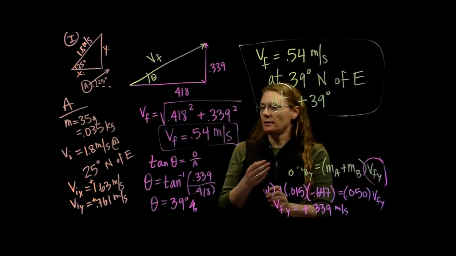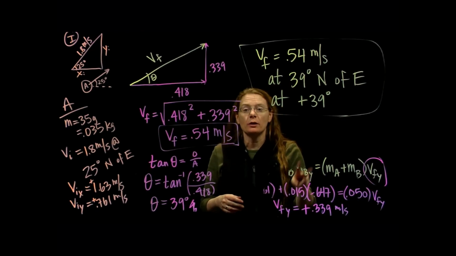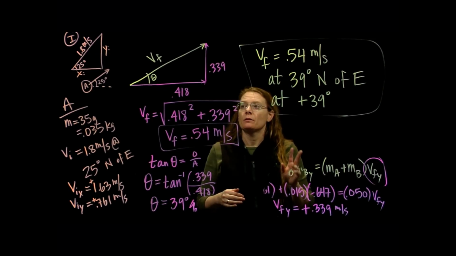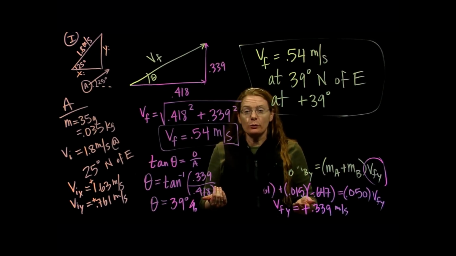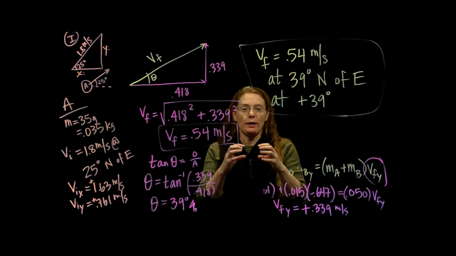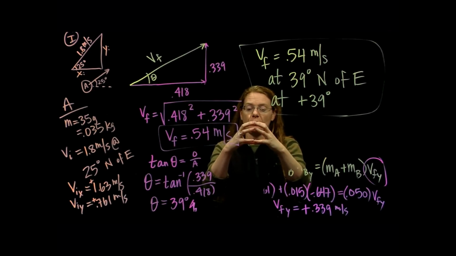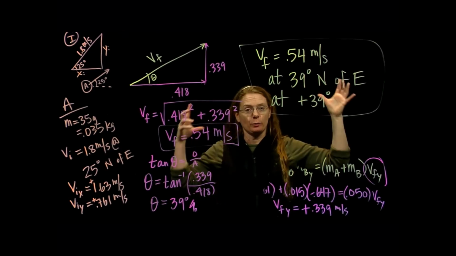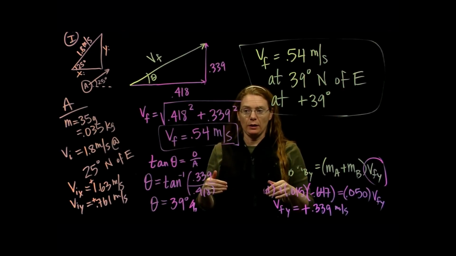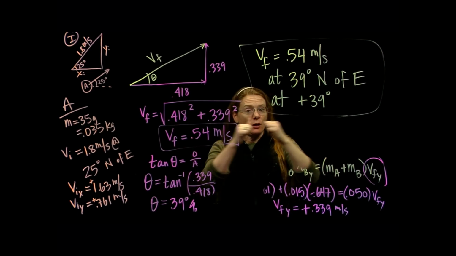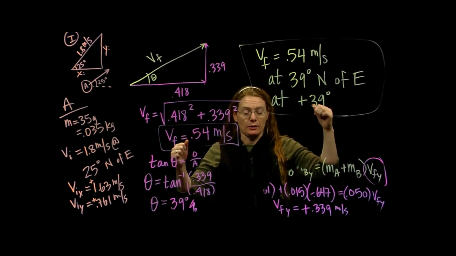So that is it. Okay, so that is a two-dimensional momentum collision problem. We can also do 2D problems where we have explosions, where we start with one object and it explodes into multiple pieces. We can do that in 2D. We can have bouncing off of each other in 2 dimensions as well.